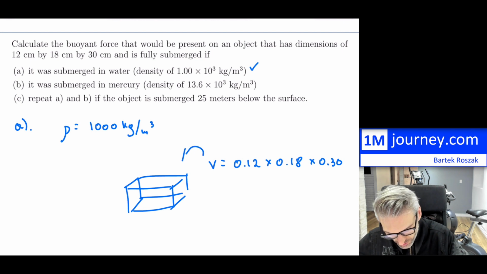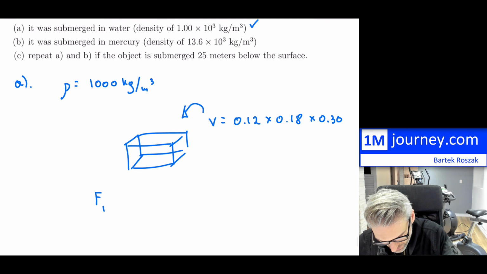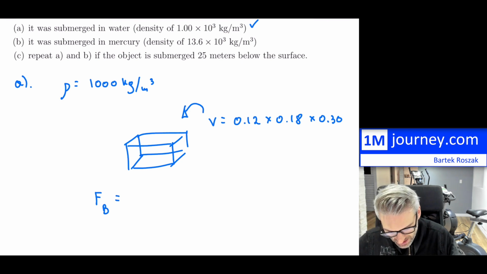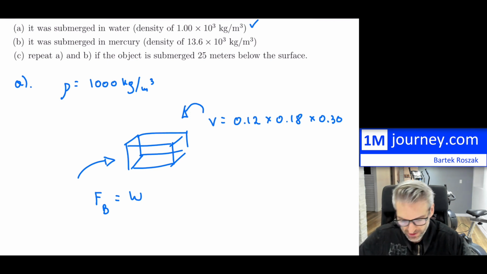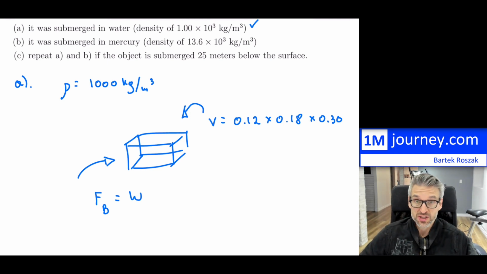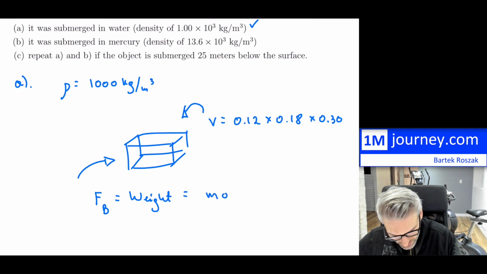If we know the volume and you want to find the buoyant force, the buoyant force is equal to the weight of the liquid that this would displace. This actually comes back to Archimedes' principle. That is equal to the weight which would have been displaced, and weight is just mass times gravity.